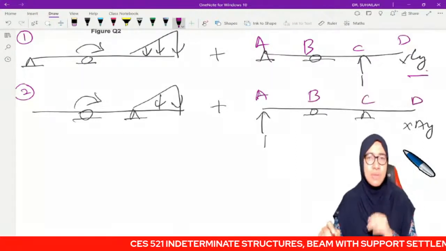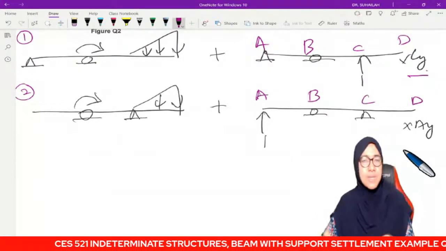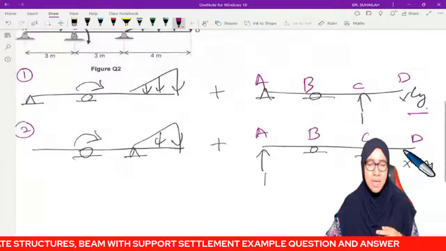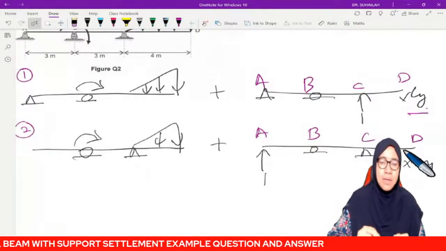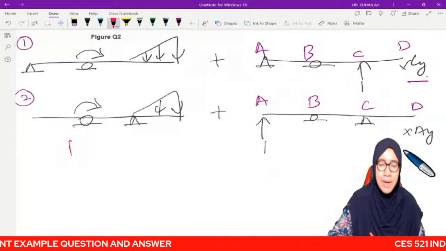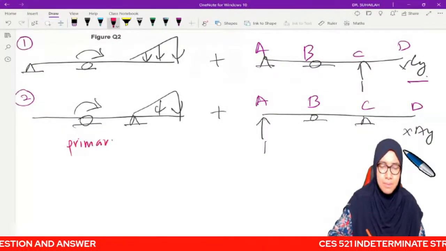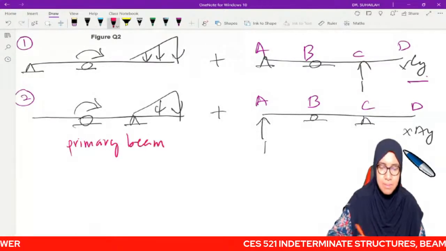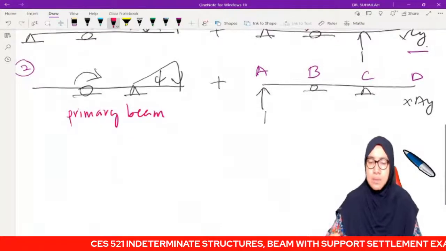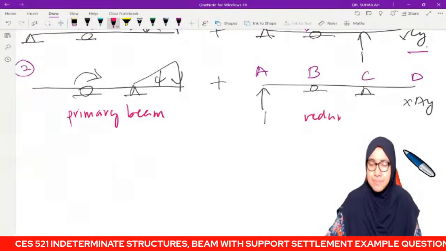So this will be the answer for question A. This is the primary beam, and this will be the redundant beam.